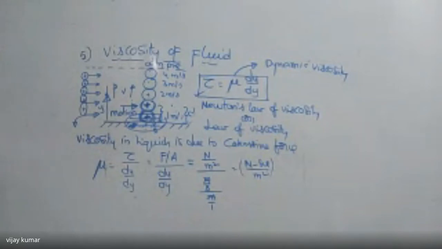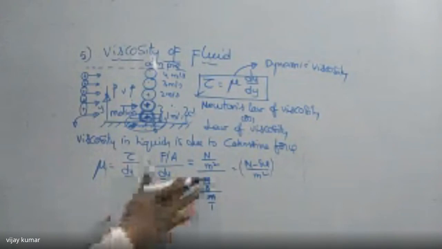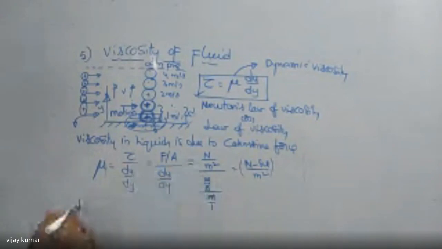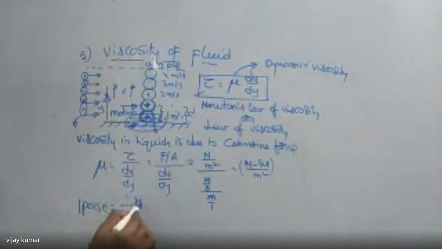Now the viscosity is measured in poise. Another form of units of viscosity is poise. So 1 poise is equal to how much? 1 poise is equal to 1 by 10 times of Newton second per meter square, or we can write 0.1 Newton second per meter square.